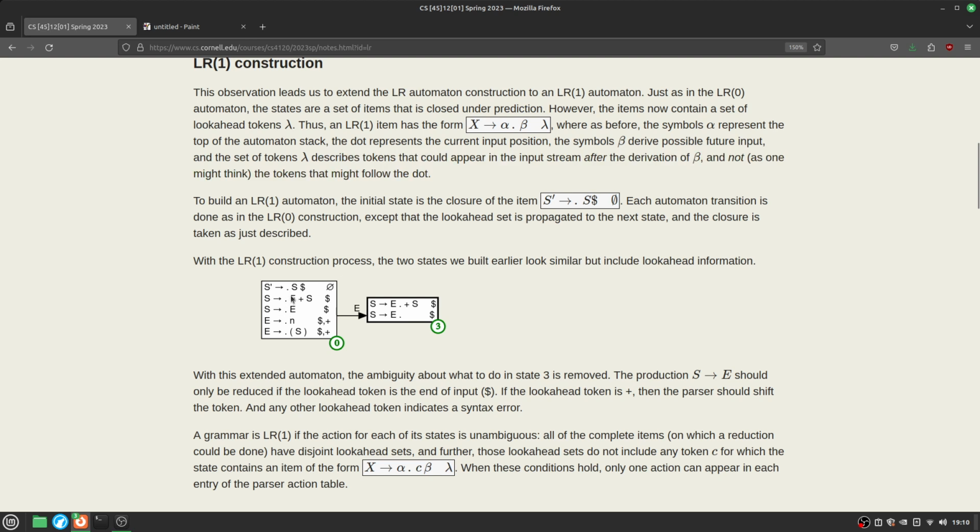So if we have E plus S, the only thing that could follow that is the end of input symbol. I'm guessing that's what it's trying to say.